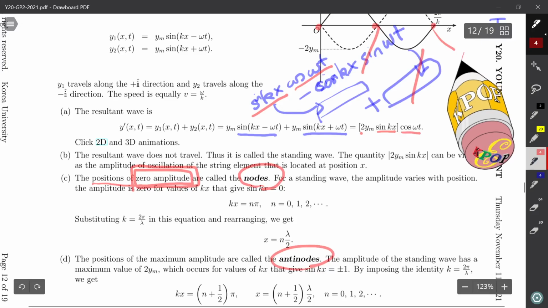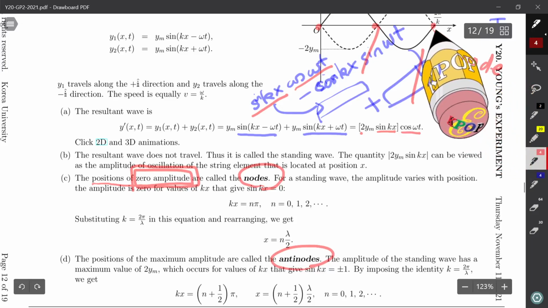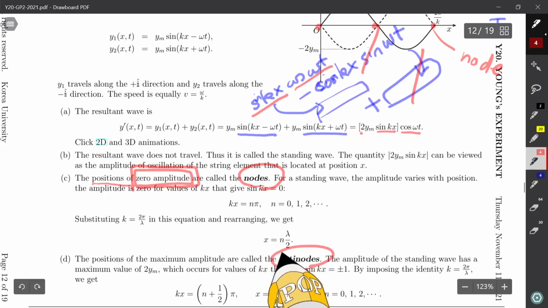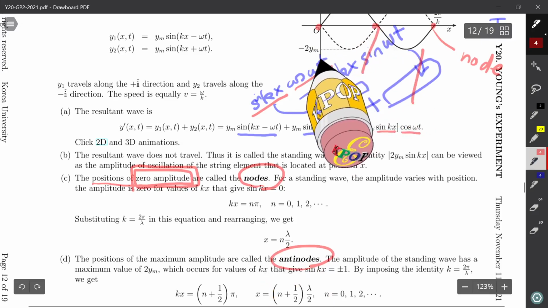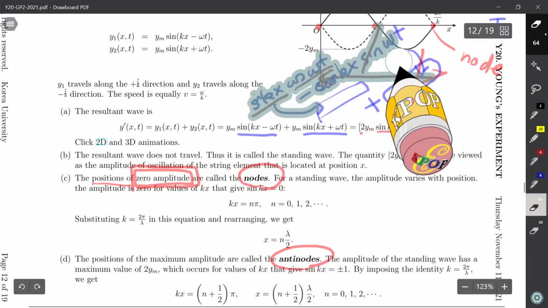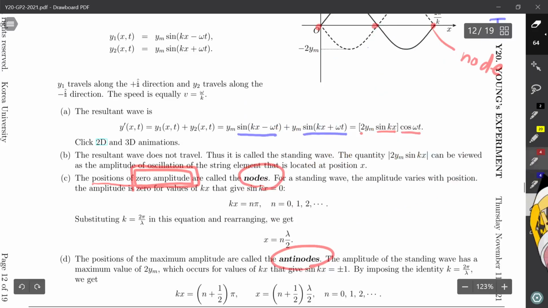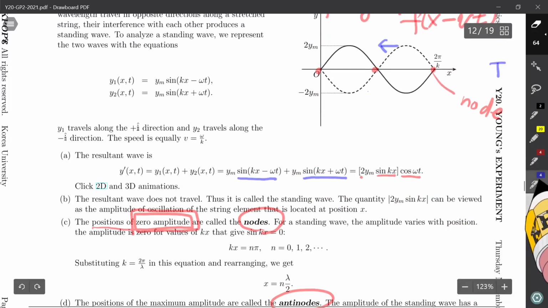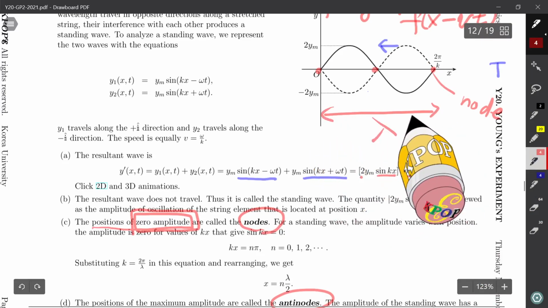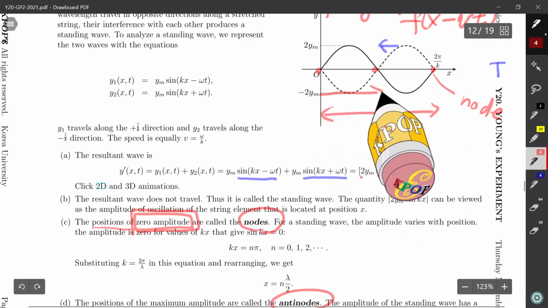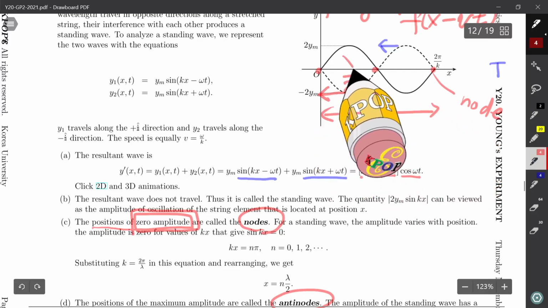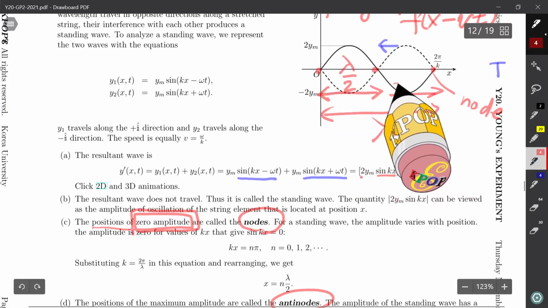These are the nodes. This is the full wavelength, lambda, and nodes appear periodically every 1/2 of lambda.